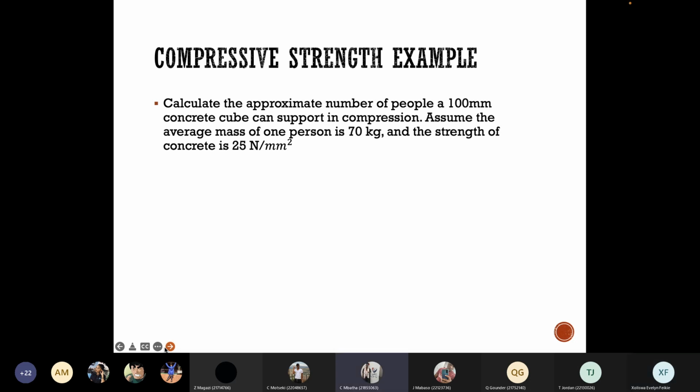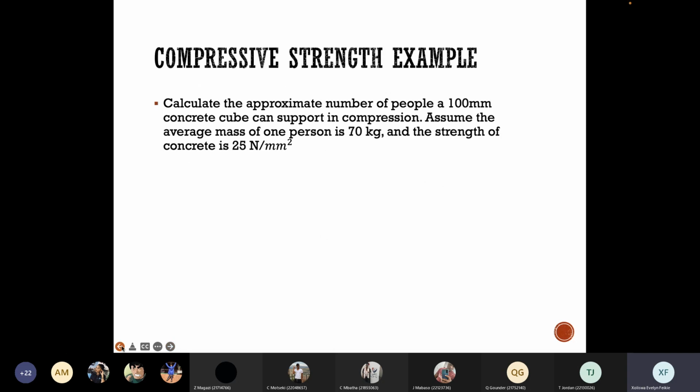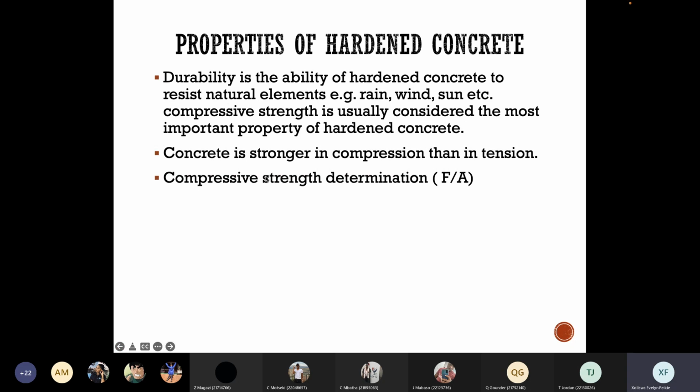I'm sorry, ma'am. Can you please repeat your question? The question is on the slide. So the thing is, I'm following the gentleman because of the answer that he gave me. He says we need to apply this formula, force over area, meaning compressive strength equals force over area, to determine the force.